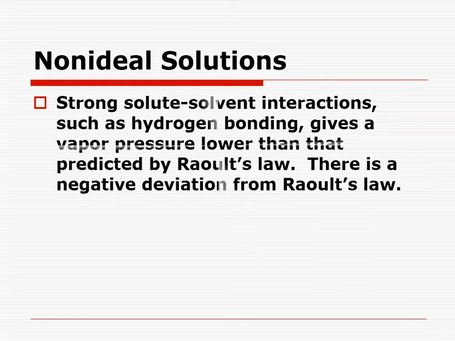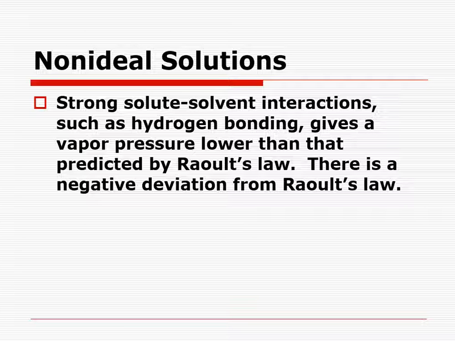Before we do that, we do need to define some things, and one of those is what we call non-ideal solutions. I think I mentioned that before, that when a solution in the lab obeys or follows the prediction made by Raoult's law, then that would be considered an ideal solution.